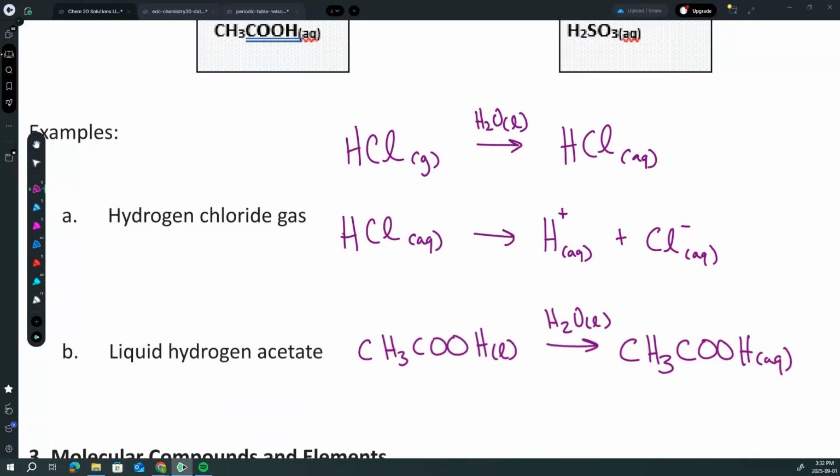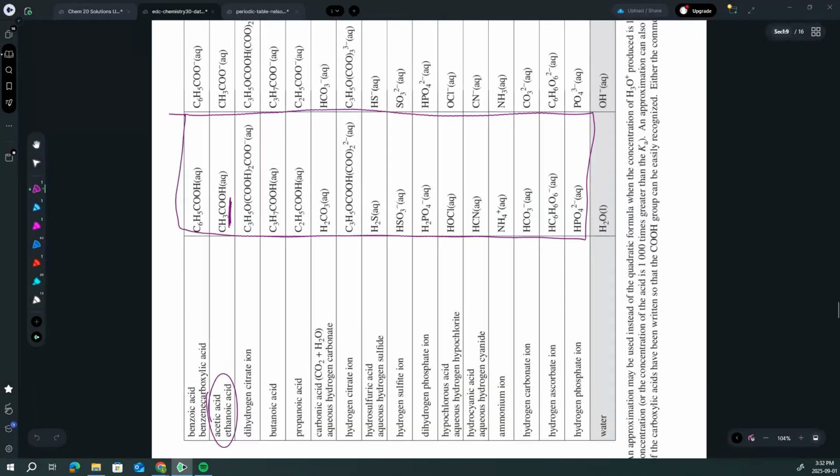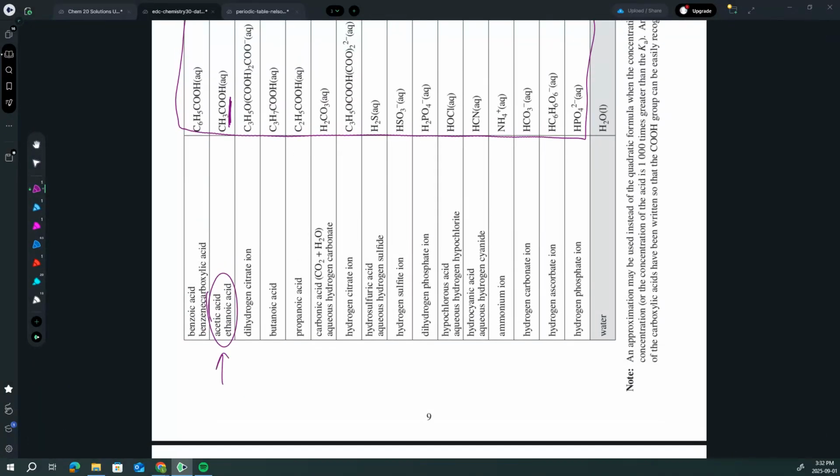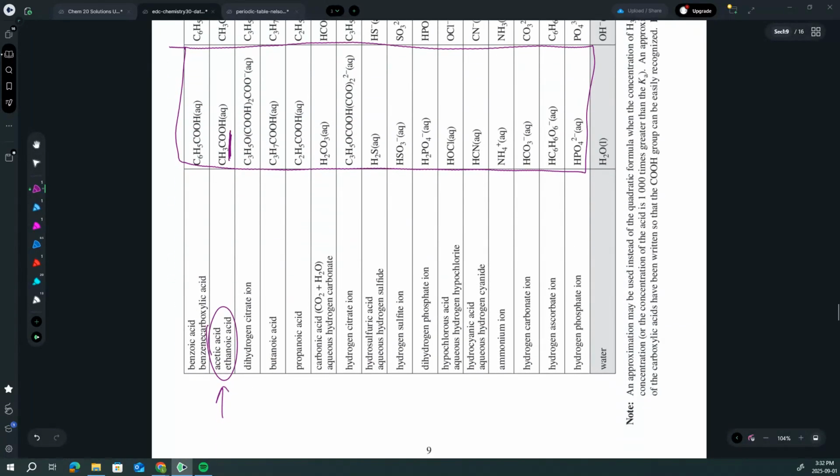How we know it's a weak acid is because you'll find acetate underneath the hydronium line on page 8. Okay, that's how you know.